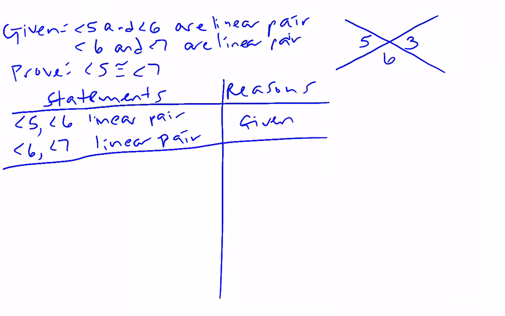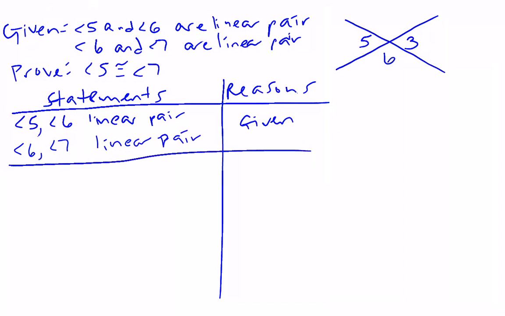The next step, coming from our linear pair postulate we just did, is that angle 5, angle 6 are supplementary. And angle 6, angle 7 are supplementary. And then that's going to be the linear pair postulate.